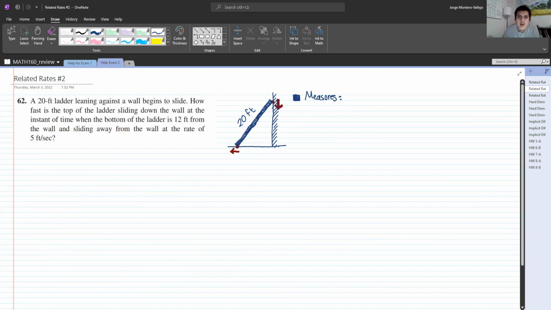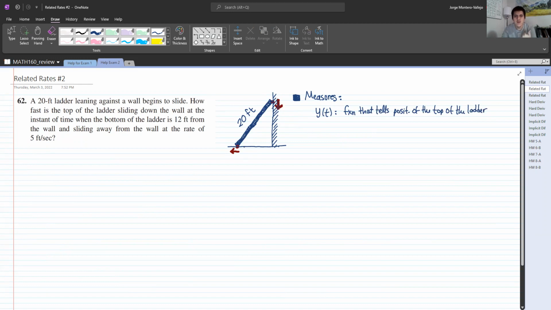Okay, so then the function that tells us y of t, function that tells position of the top of the ladder. Okay, that's one measure that is important.